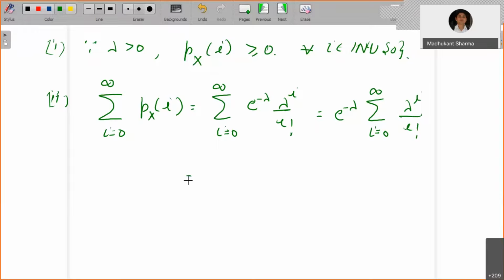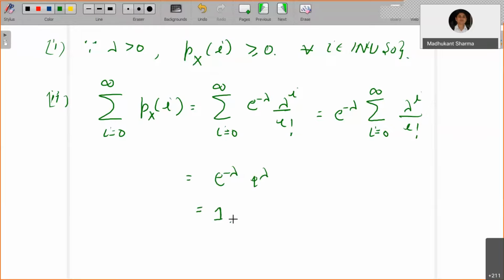But this is the Taylor series of e to the power lambda, so it is e to the power minus lambda into e to the power lambda, which is 1. So it satisfies both properties of being a PMF, and if a random variable has such a PMF, then we say it has a Poisson distribution.